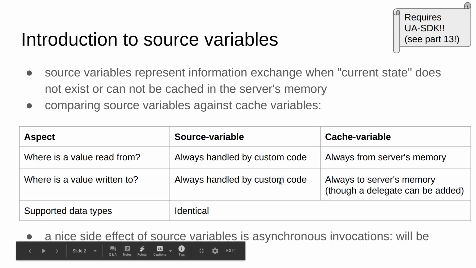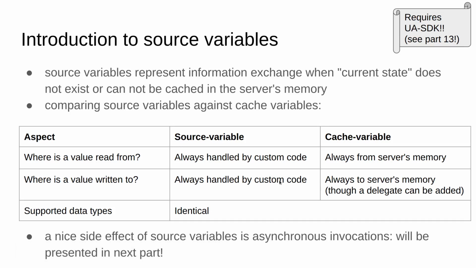Those things can be asynchronous, which means they can run away from the network thread, so they will be non-blocking your OPC-UA communication, and those things will cover in the next part, I think. In this part, we'll just focus on the synchronous parts, and still with the synchronous, we can find a couple of really good applications, interesting applications that you cannot do with cache variables.